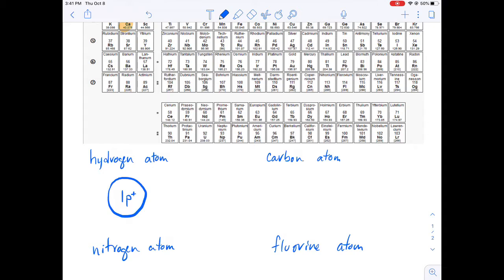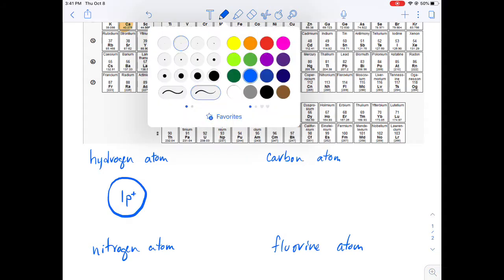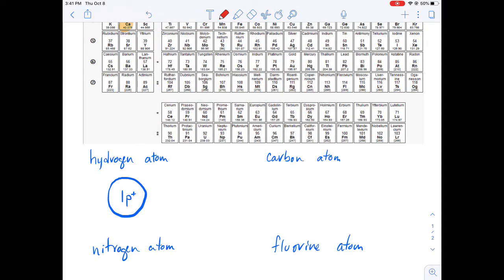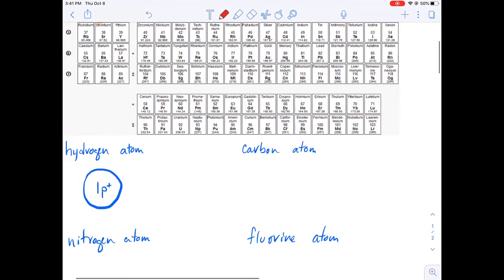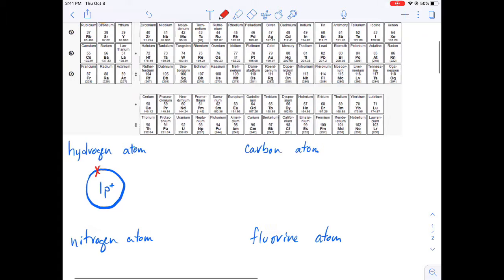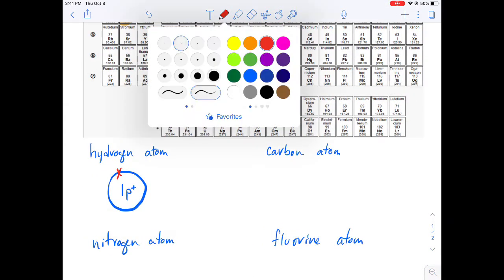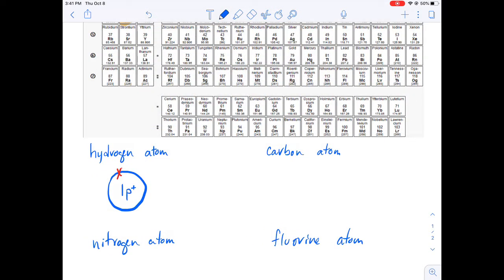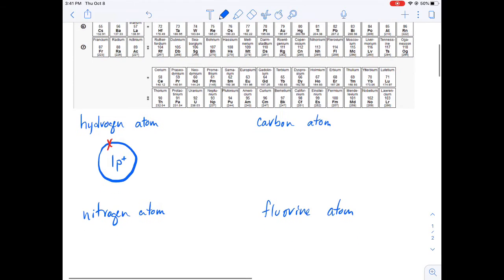And the electrons are going to be drawn with an X or a dot. So we could put a dot like that, or we can use an X. So a hydrogen atom would look like this. Sometimes you'll see there's a circle around the proton. That's just referencing the nucleus of the atom.